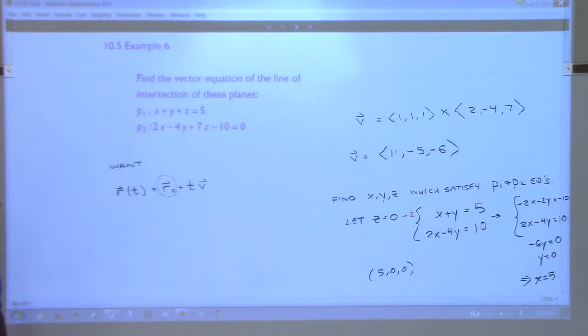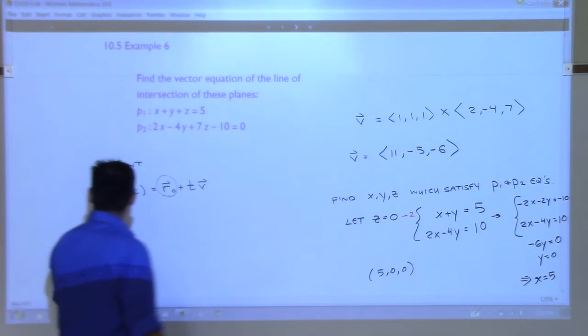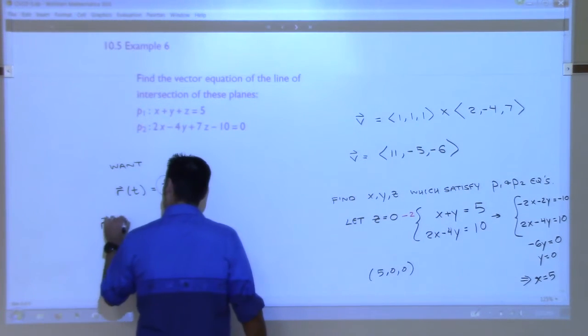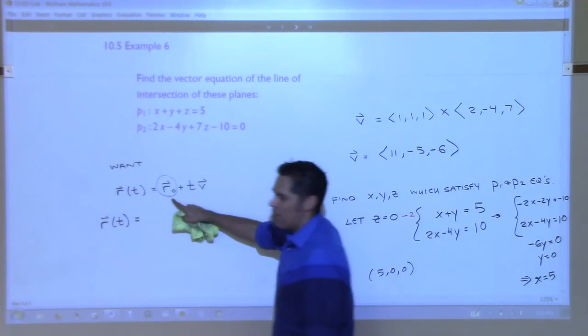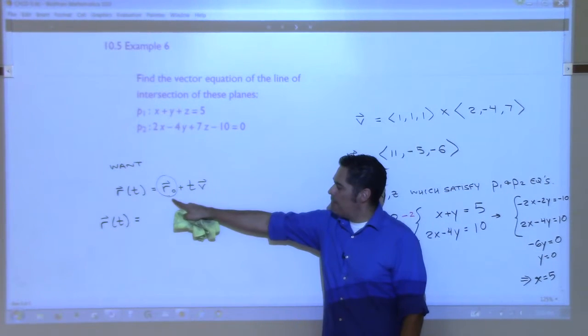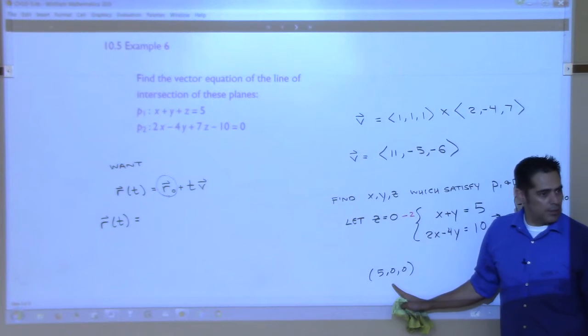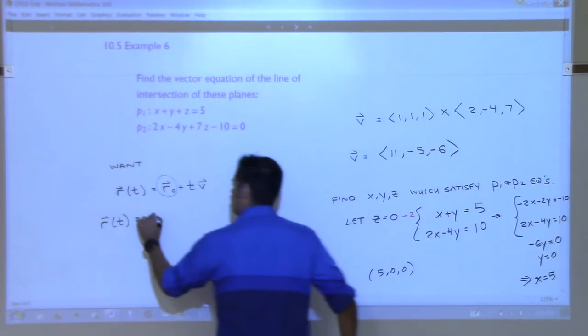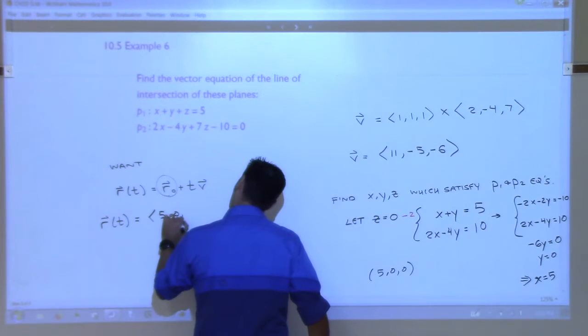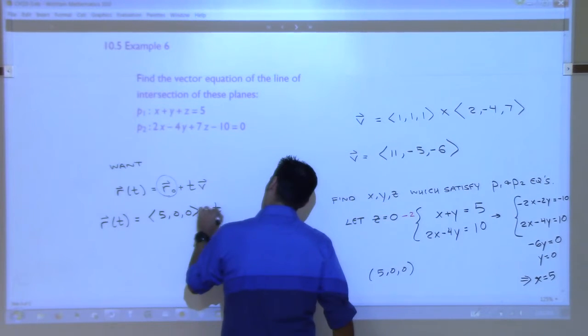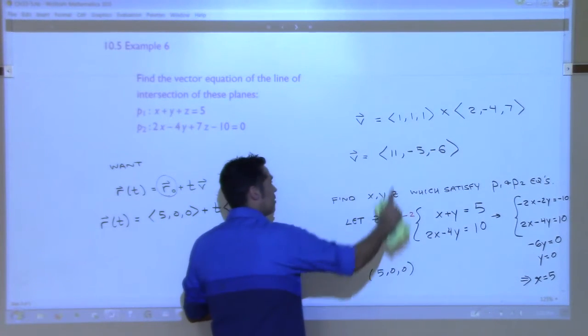All right, I think we're ready for the equation. r of t equals, okay, what's r naught? It's this written as a vector, right? It's the vector 5, 0, 0 plus t times the vector we got from crossing, right?